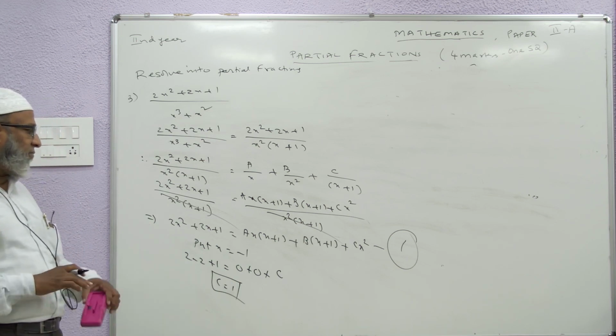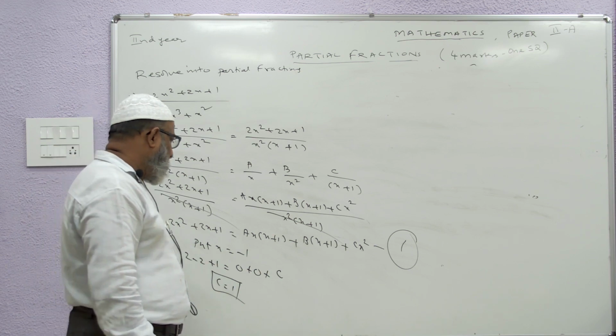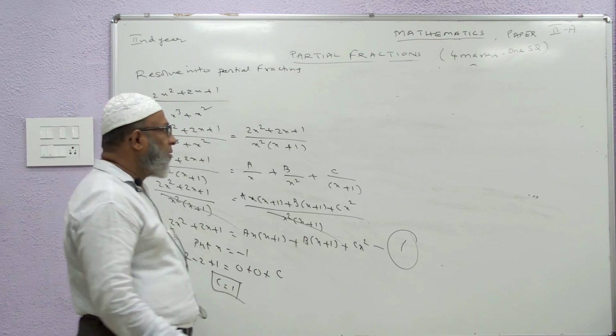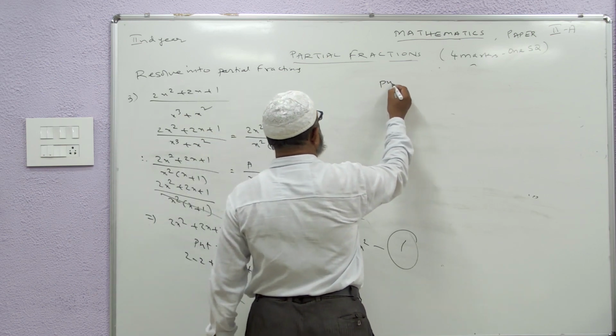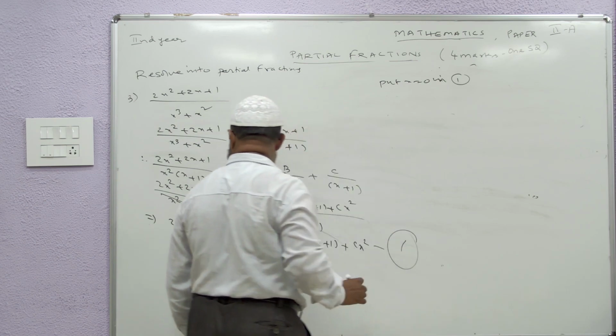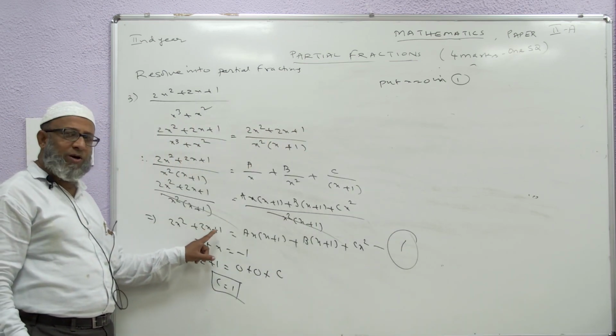Now, I have to get the values of a and b. Again, for this, what do I have to do? If I put x equal to 0, this part will be 0, this part will be 0. What remains? 1.